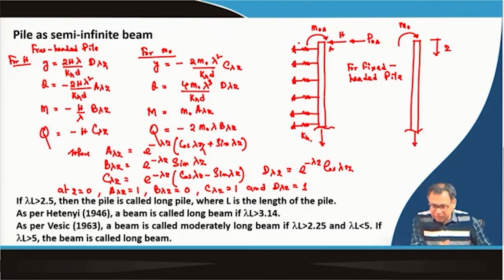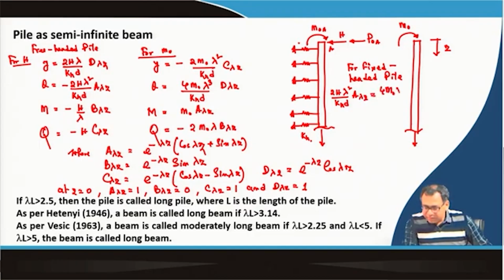So, that is why we take only the magnitude. That will be 2 h lambda square by kh d A lambda z, equal to 4 M0 lambda cube by kh d into D lambda z.